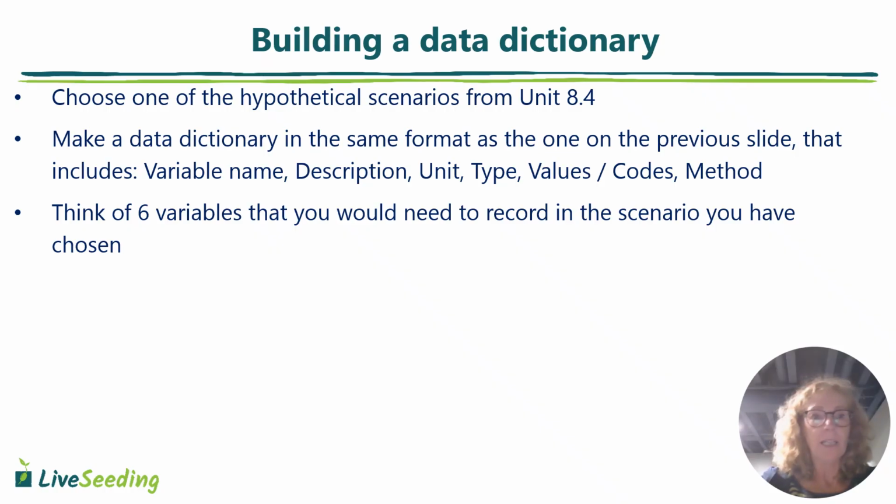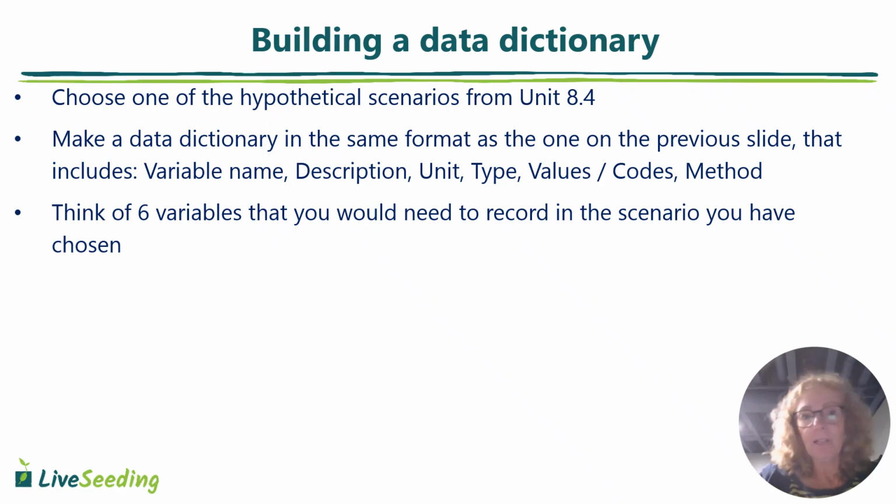Just choose one of those scenarios and make a data dictionary that looks like that table I showed you a couple of slides earlier. It's going to have a variable name, a description of the variable, the unit, so what the measurement unit is, the type of data, is it categorical, nominal, ordinal, discrete, continuous, etc., and what sort of values or codes might be recorded for that variable.